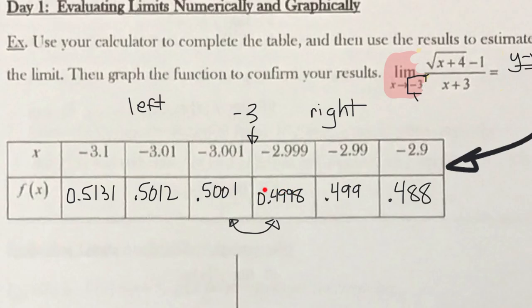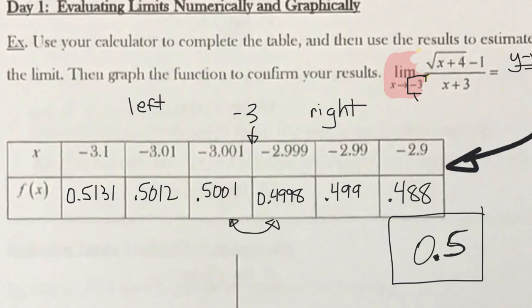So it looks like both of these numbers are trying to go to what single number that would be in the middle? 0.5 or 1/2. Right? So from our numerical standpoint here, from this table, we could say that the limit as x approaches negative 3 of this function looks like it's going to go to 1/2. 1/2 is going to be the limit.